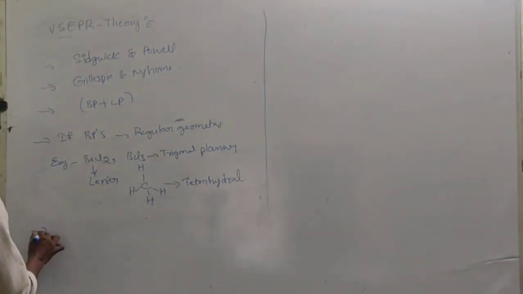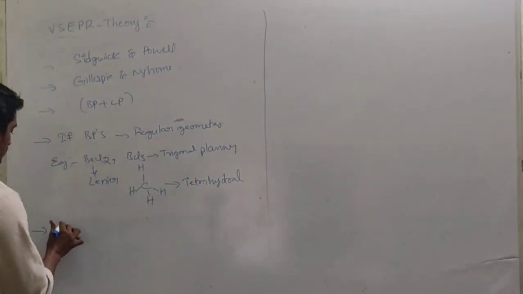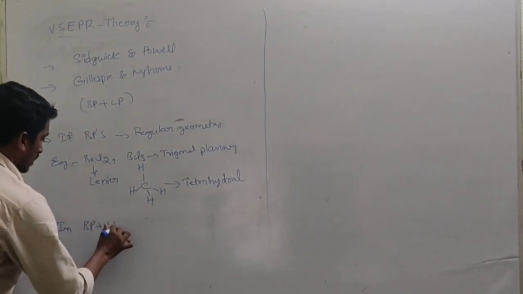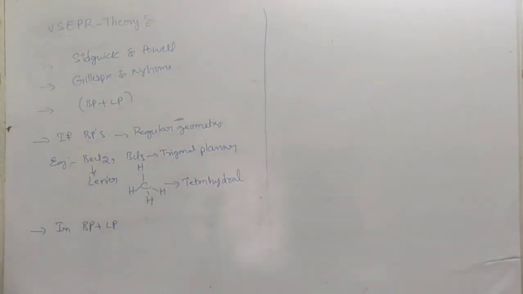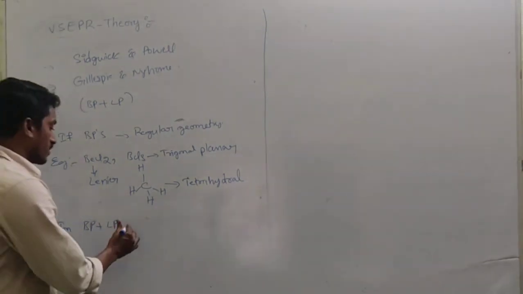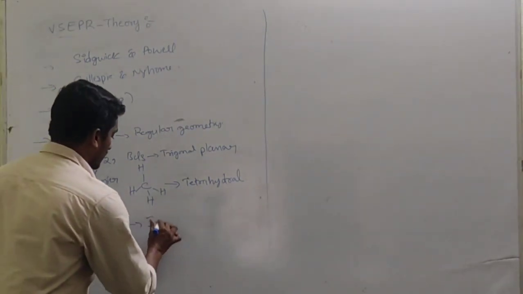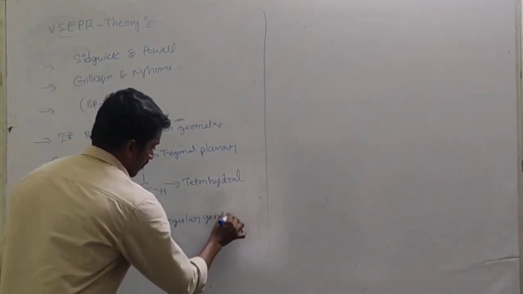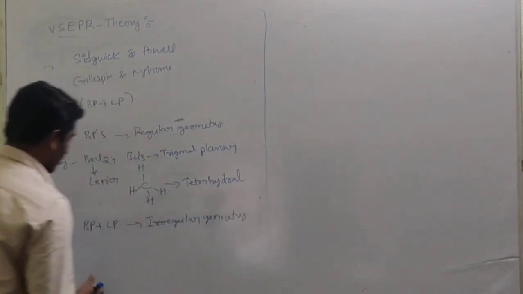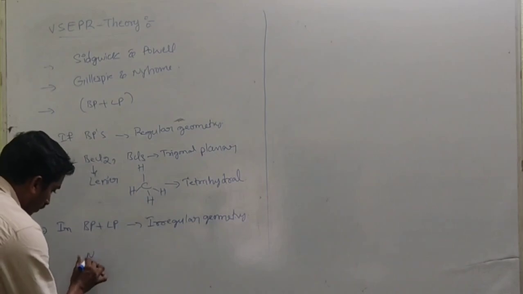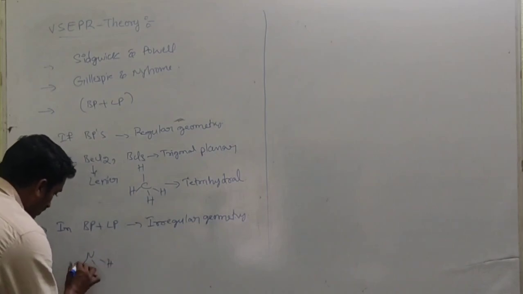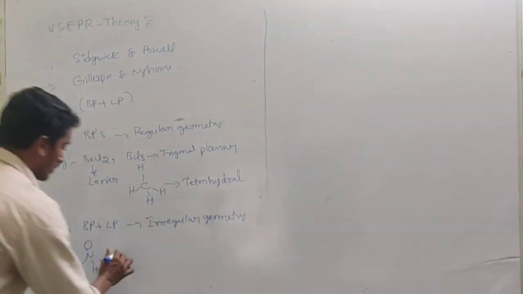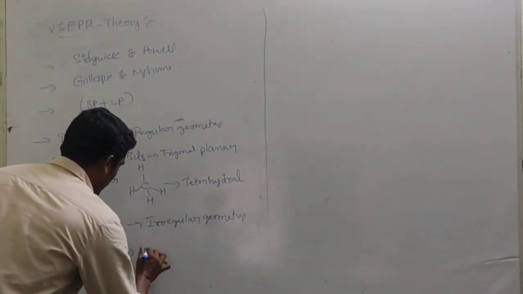In addition to the bond pairs of electrons, if lone pair electrons are also present in the valence shell of the central atom, they are called irregular geometry. Example for irregular geometry: ammonia. In the ammonia molecule 3 bond pairs and 1 lone pair are present, with 4 pairs of electrons.